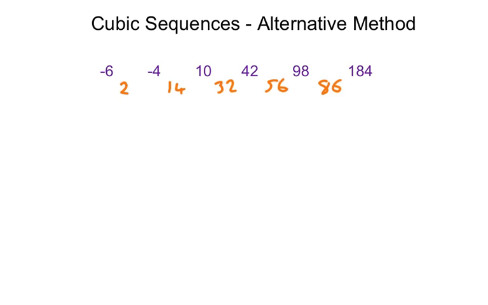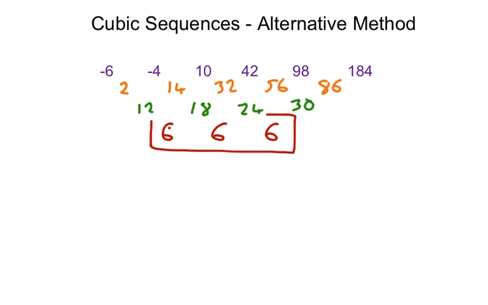The second differences are 12, 18, 24 and 30, and finally the third differences are 6, 6 and 6. So the third differences are all the same, so we are indeed dealing with a cubic sequence. And if we have a cubic sequence, a is equal to 1/6 of the third difference. So in this case we know that a is equal to 1.